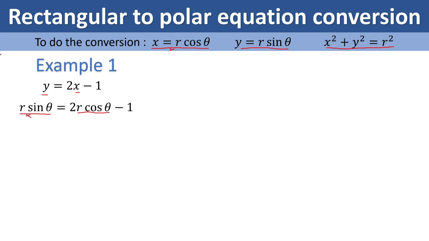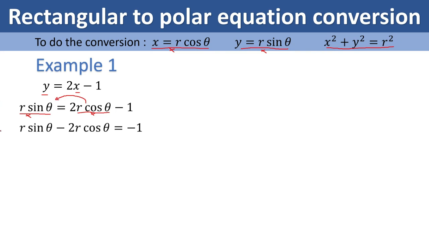You change the value of y by r sine theta, and the value of x by r cosine theta. And the problem now is to solve the equation for r. To do that, I need to move this term to the left side.